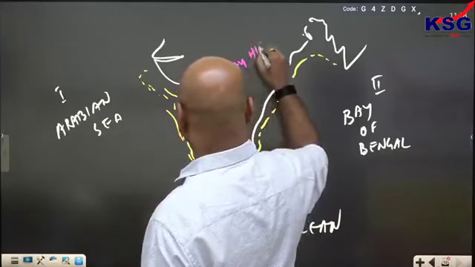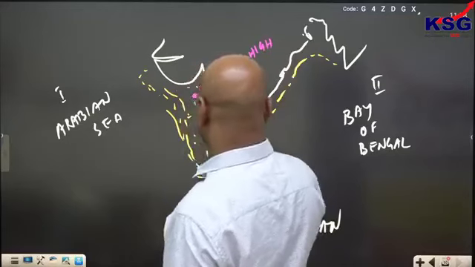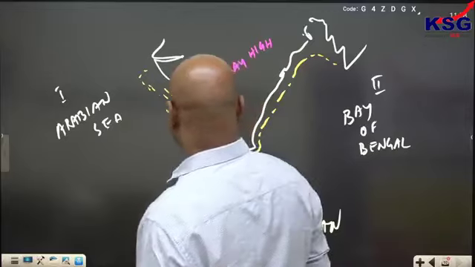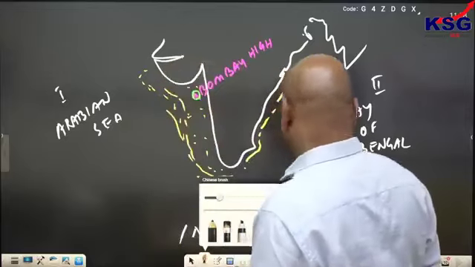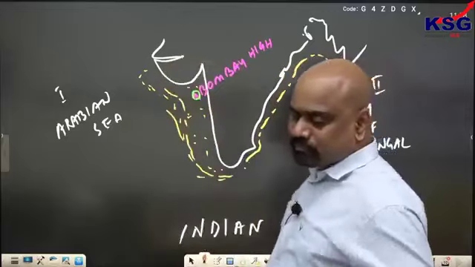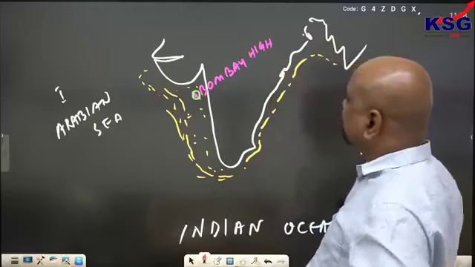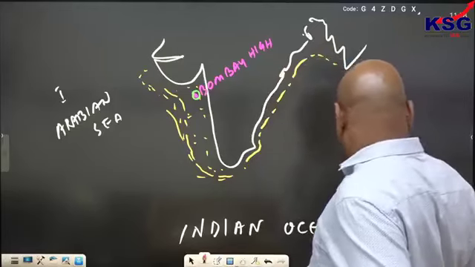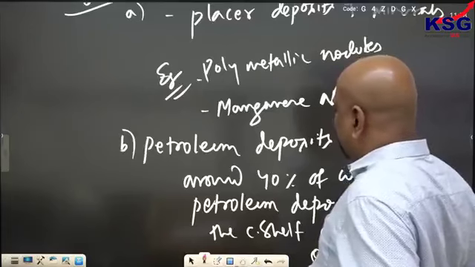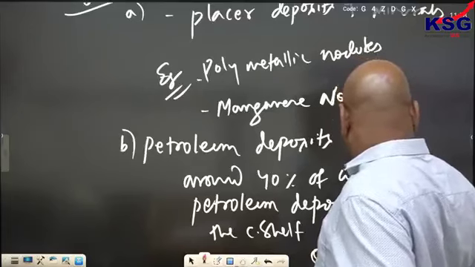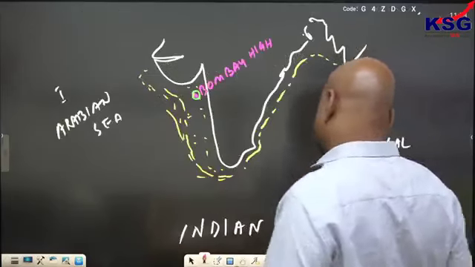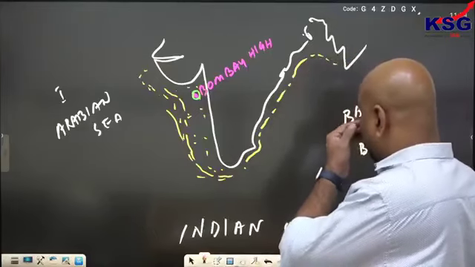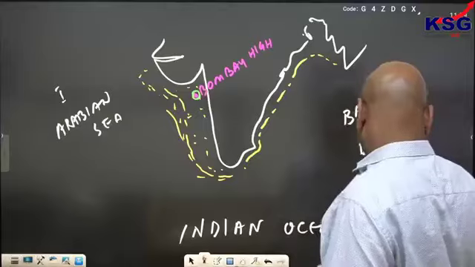The Bombay High oil drilling platform is located here. Petroleum is found more in this Arabian Sea region as compared to the Bay of Bengal. Okay.